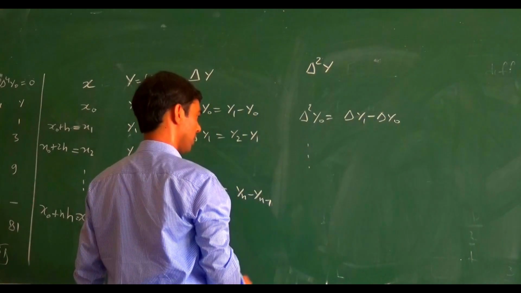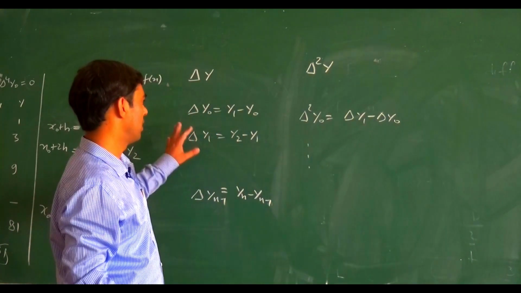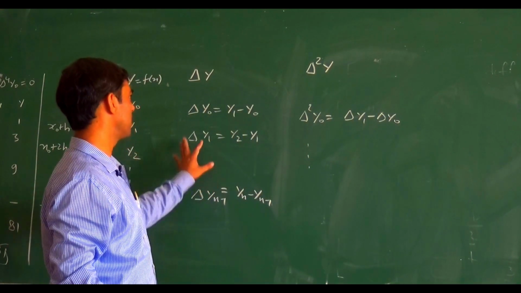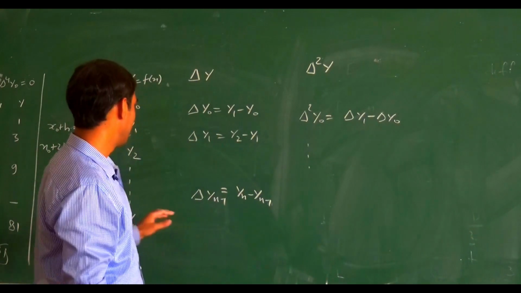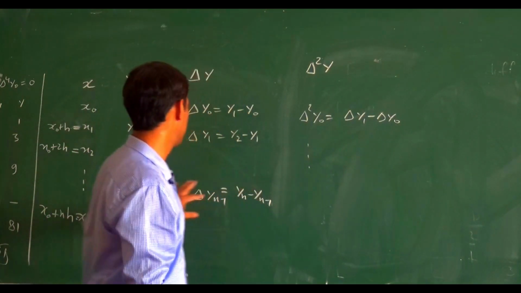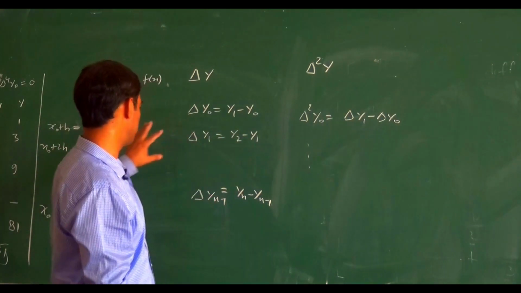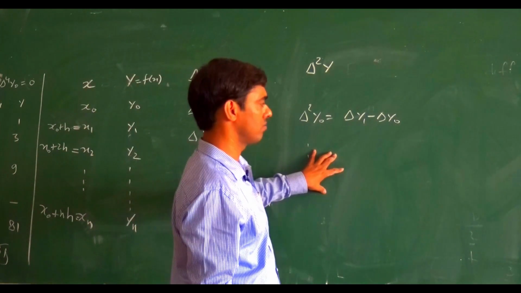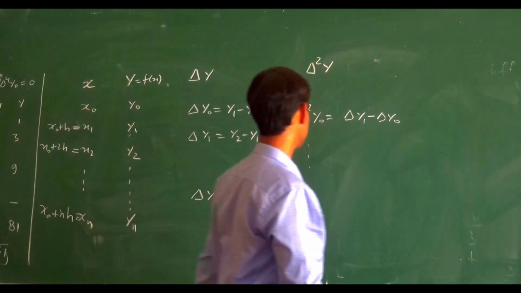There is one term less than the previous column. As the order increases, the number of terms decreases one by one: if there are n plus 1 terms, then there are n terms, n minus 1 terms, n minus 2 terms, n minus 3 terms, and so on.